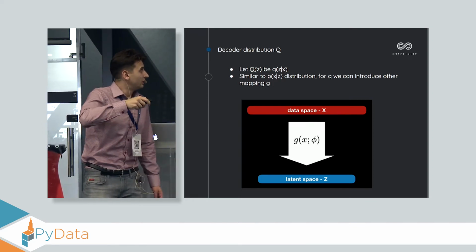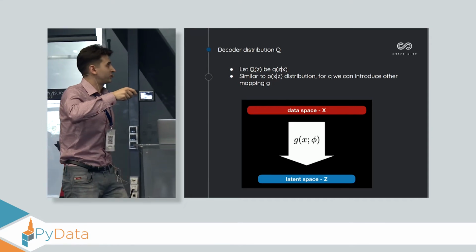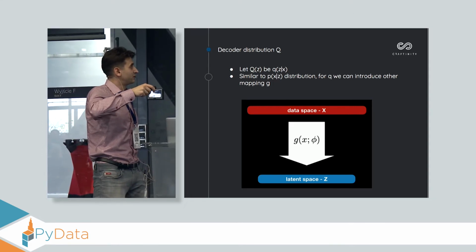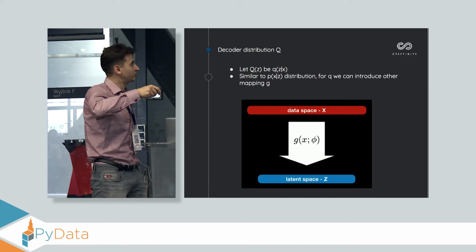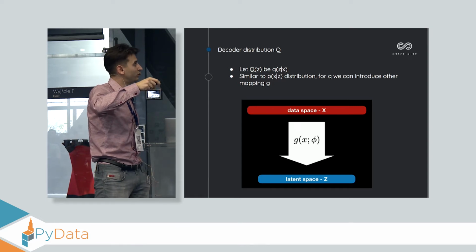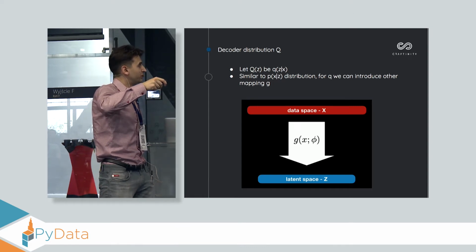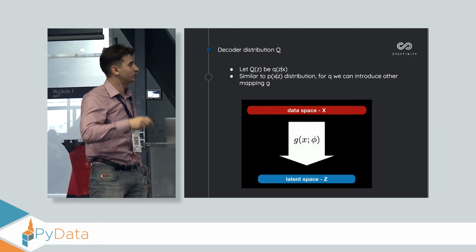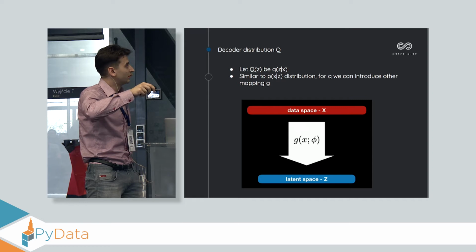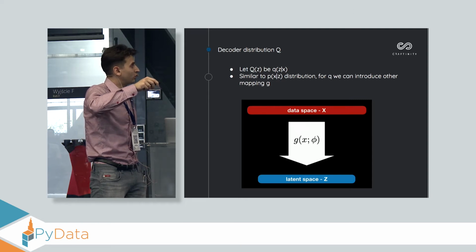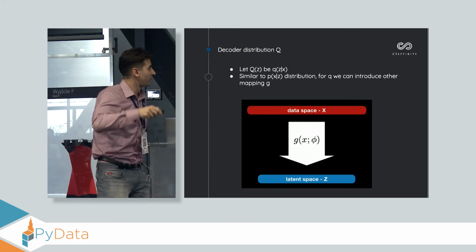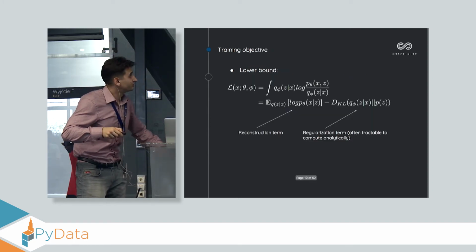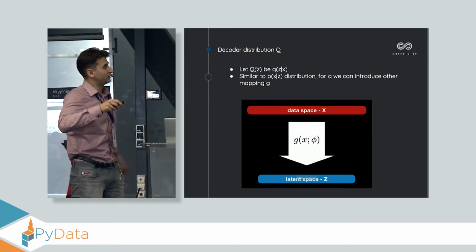Because we would like to have Q as close to the true P of Z given X as possible, we will formally introduce the conditionality of Z given X, and we can do a similar trick for Q as we did for P, the generative distribution. Now we can use a neural net to encode the parameters of Q, so the neural net encodes from the observed data space X to the latent space.